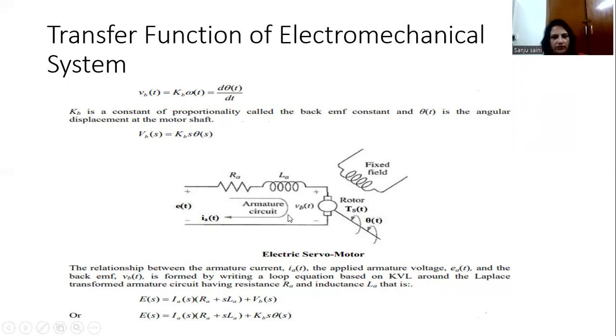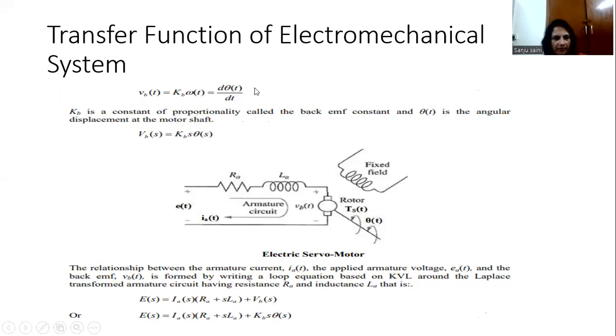In this case also we will write down the equations describing the dynamics of the electrical system as well as the mechanical system. So the electrical system is represented as back EMF. This is the armature controlled DC motor.